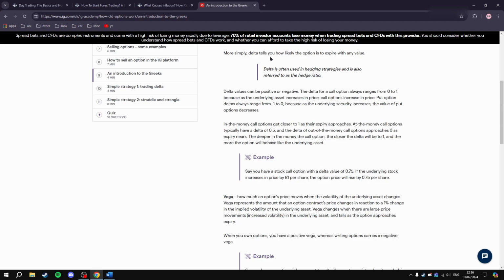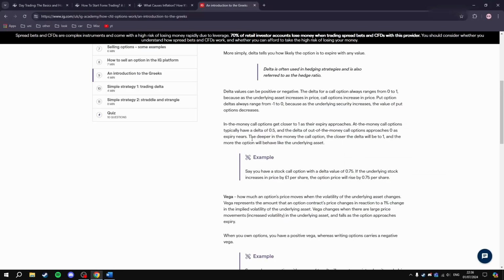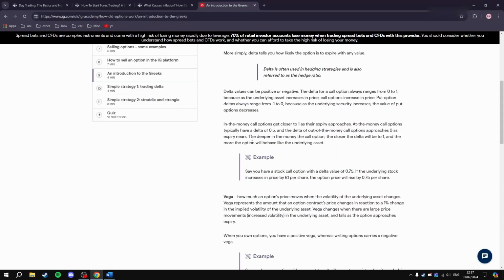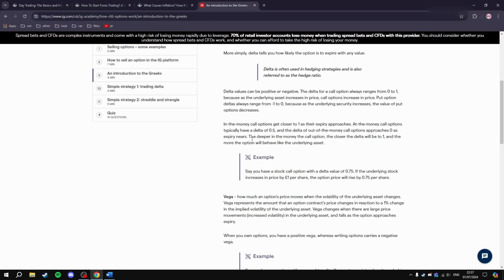More simply, delta tells you how likely the option is to expire with any value.